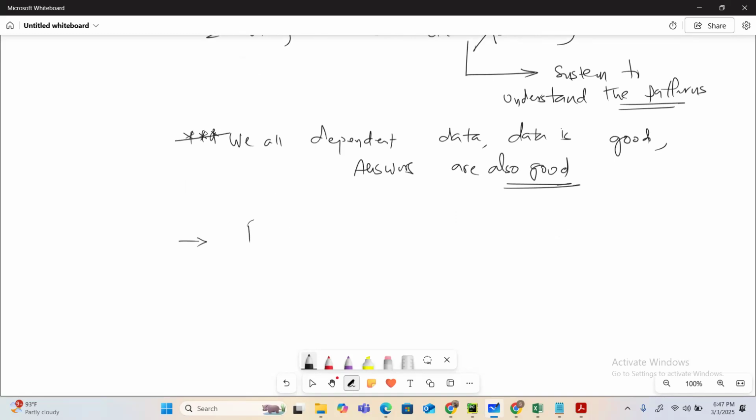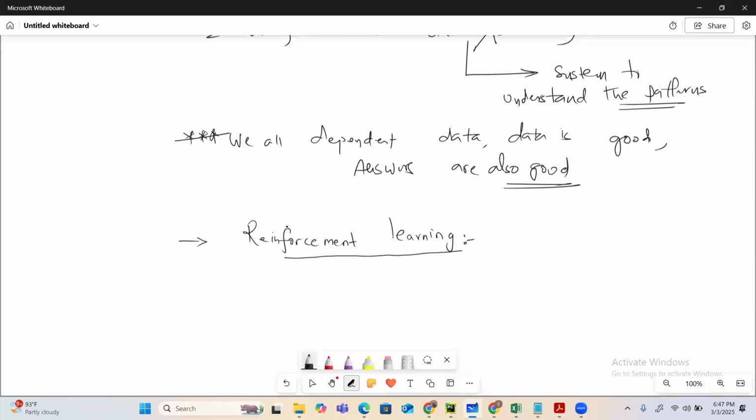Another learning is reinforcement learning. Any idea about reinforcement learning? Guys, any idea about reinforcement learning? Sir, as a machine learning, we go through like machine learning.